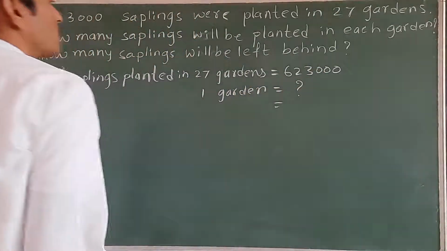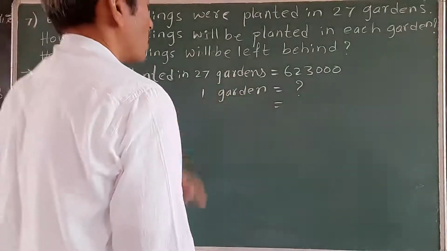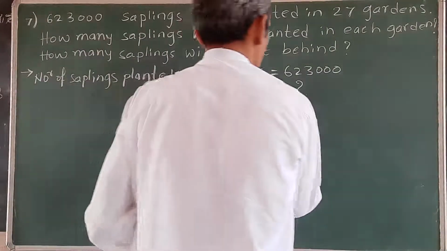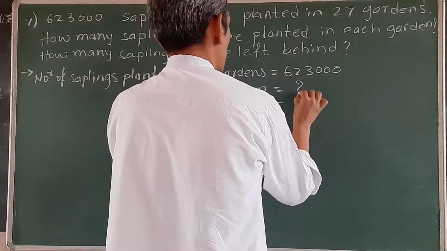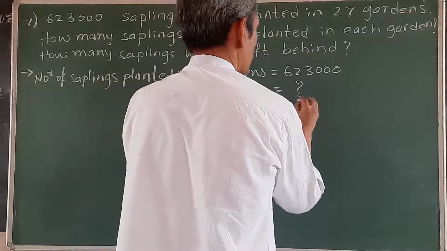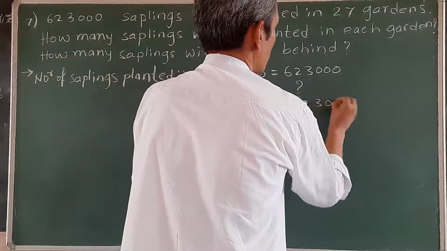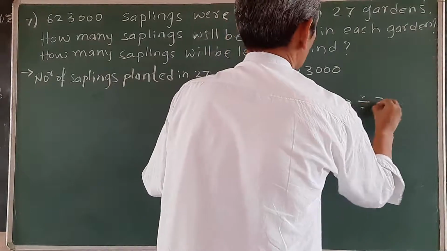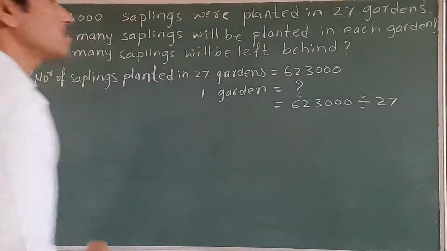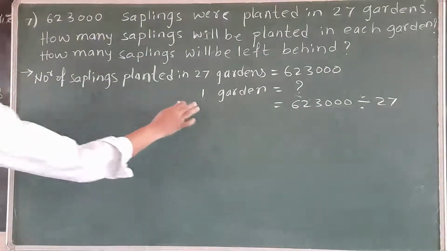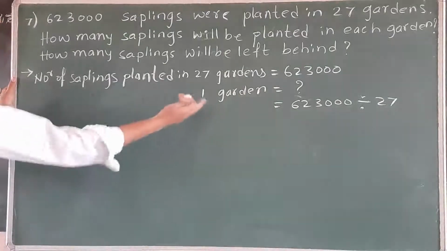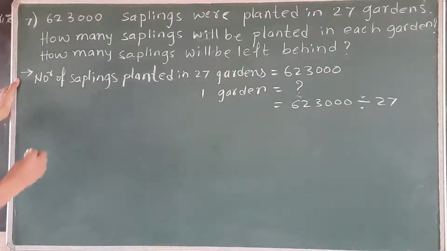If we divide the total number of saplings by the total number of gardens, we will get the number of saplings planted in one garden, that is 623,000 divided by 27. We will get the answer, the number of trees or saplings planted in one garden.